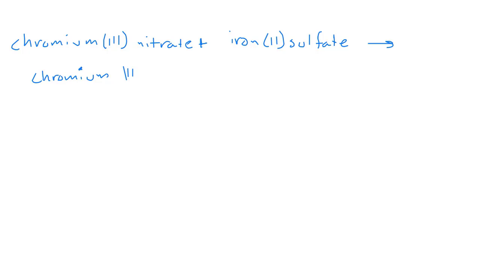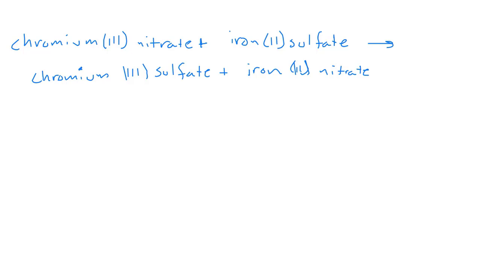Chromium 3 nitrate reacts with iron 2 sulfate, yielding chromium 3 sulfate and iron, sorry, it should be parentheses here, iron 2 nitrate.